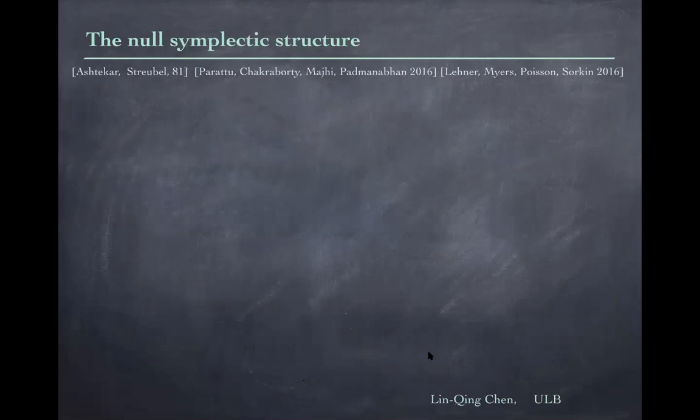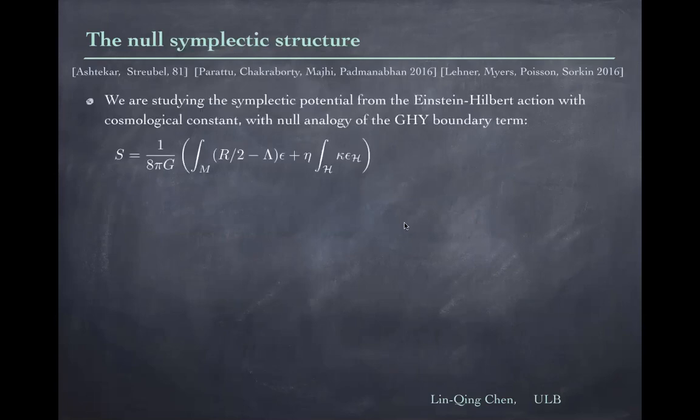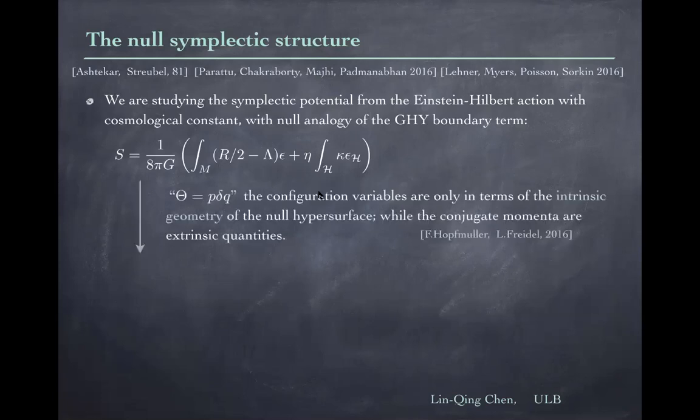So now with all those field space variations, we are ready to look at the null symplectic structure. So we'll be using the symplectic potential from the Einstein-Hilbert action with cosmological constant, adding a piece that is the null analogue of the Gibbons-Hawking-York boundary term, as kappa times the horizon volume form density.